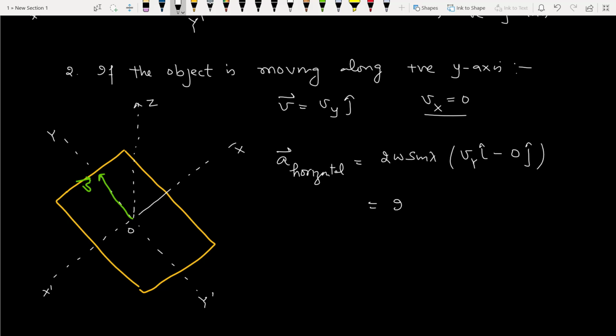So it is 2 omega sine lambda Vy i cap. So it is moving towards the positive x-axis. Positive x-axis is this way, so it will be moving towards the y-axis and shifting slightly towards the positive x-axis.